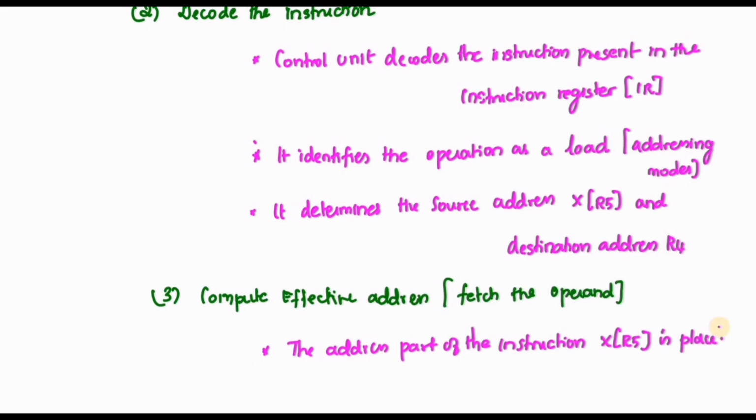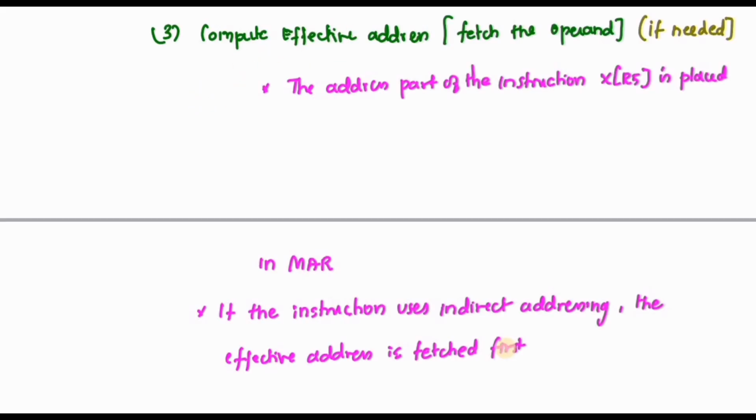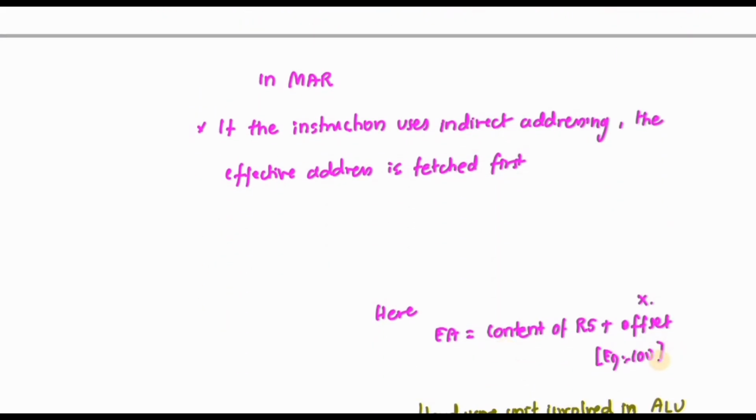If the instruction was indirect addressing, the effective address is fetched first. Here the effective address EA is equal to the content of register R5 plus the offset value. This is how the effective address gets fixed.